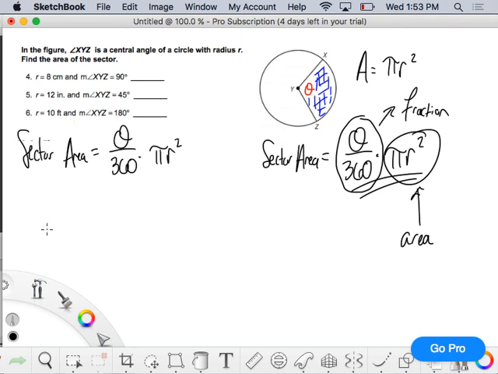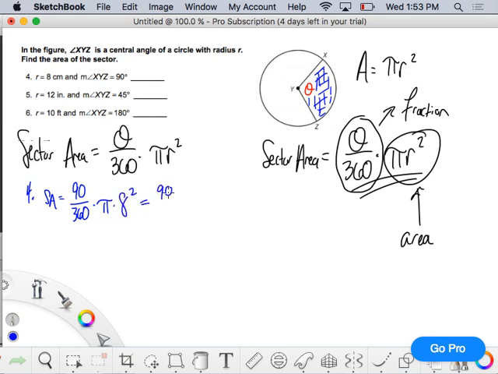Okay, for number 4, we can do this, class, stay with me. Number 4, the sector area. What's theta for number 4? 90 degrees, thank you, Ryan. 90 over 360 times pi, what's the radius? 8 squared.